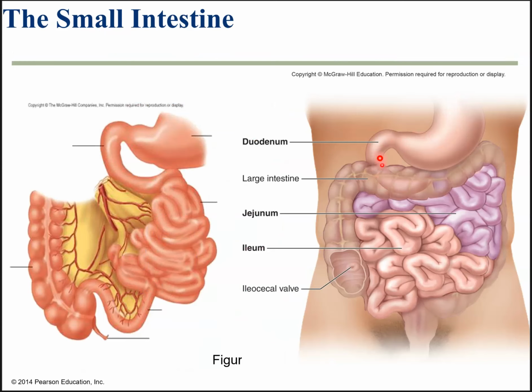So the next part after the stomach is the small intestine. Now, the small intestine consists of the first part, which is the duodenum. The separation between the duodenum and the stomach is called the pyloric sphincter, and it contains a bile duct and a pancreatic duct.